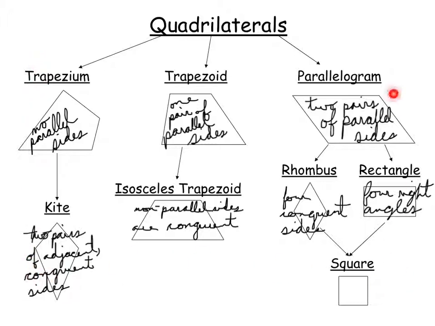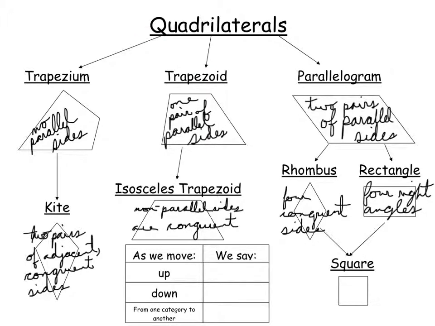And all of these are always quadrilaterals. And so, as we take a look at our chart, as we move up the chart, we say always. A square is always a rhombus.